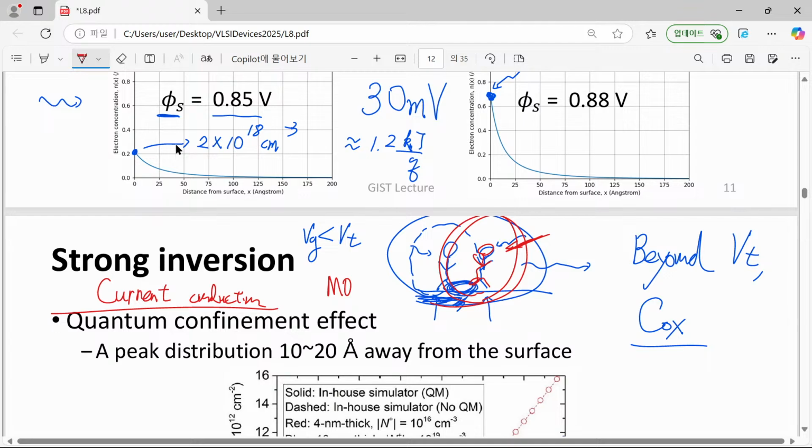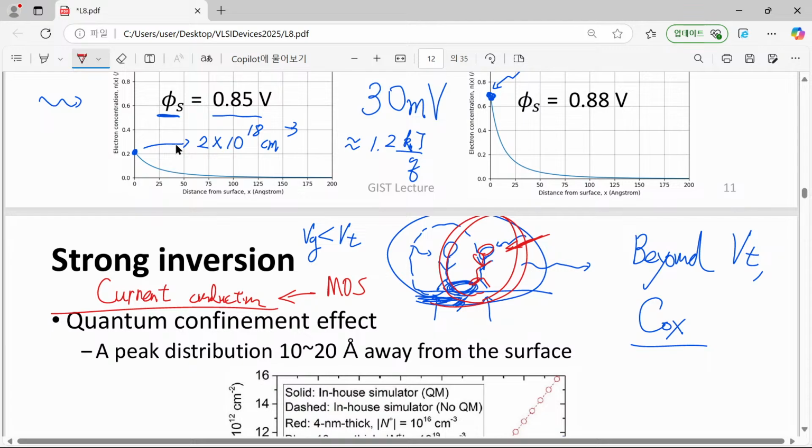I'm exaggerating, but anyway, this kind of two-phase behavior can be provided by our MOS, because at low gate bias, it provides certain negative charges, but these negative charges are immobile.